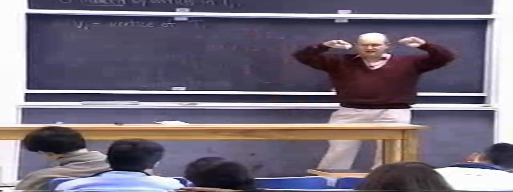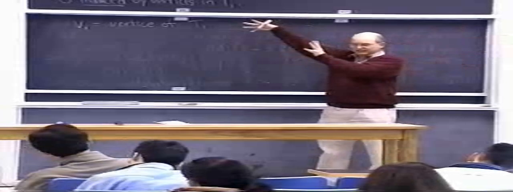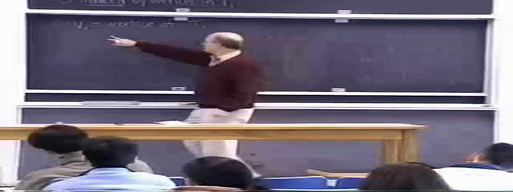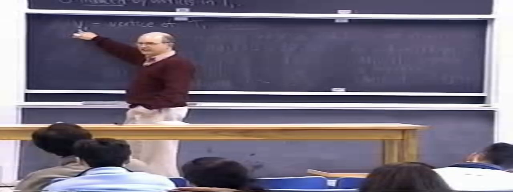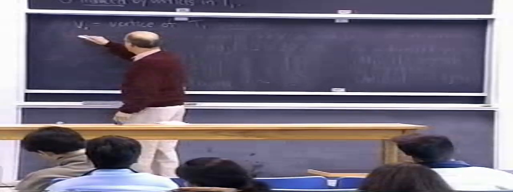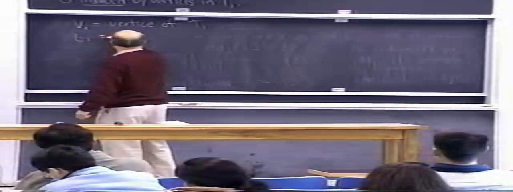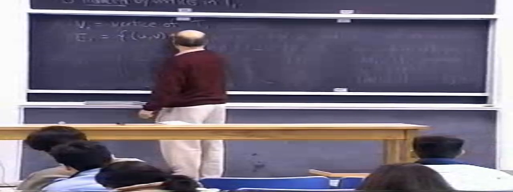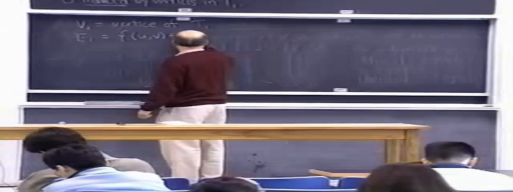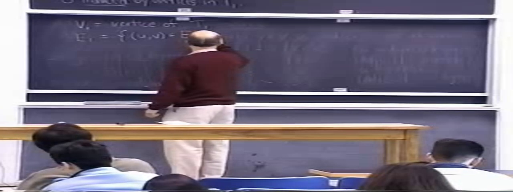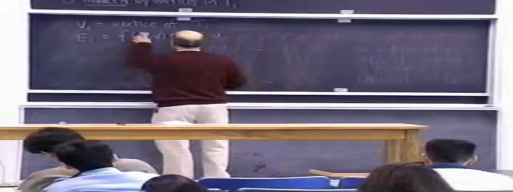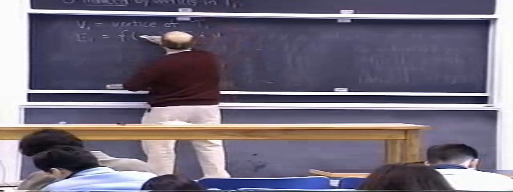If I remove an edge, I still have all the vertices. Some of them belong to T1. Some of the vertices belong to T2. And we're talking about V1 being the set of vertices in T1. And E1 is just the set of edges in the graph in E such that, sorry, I shouldn't use U and V. I should use X and Y because I used U and V up there.